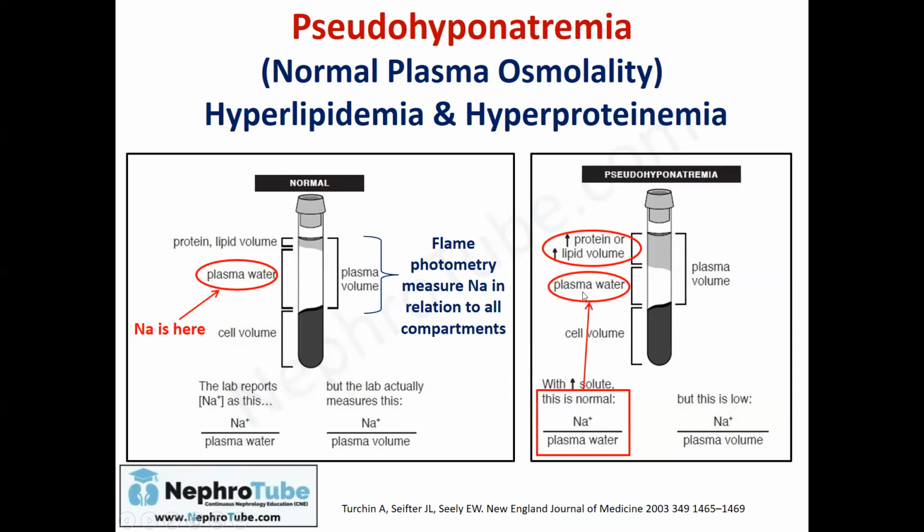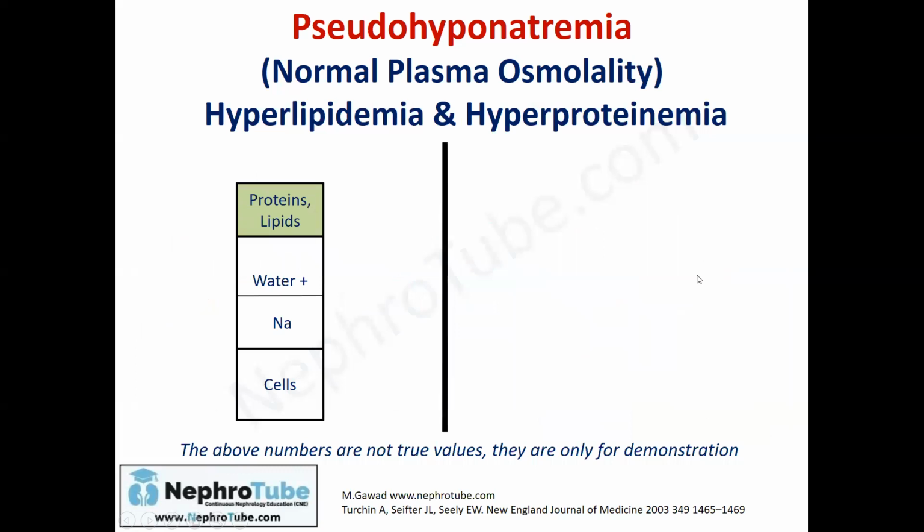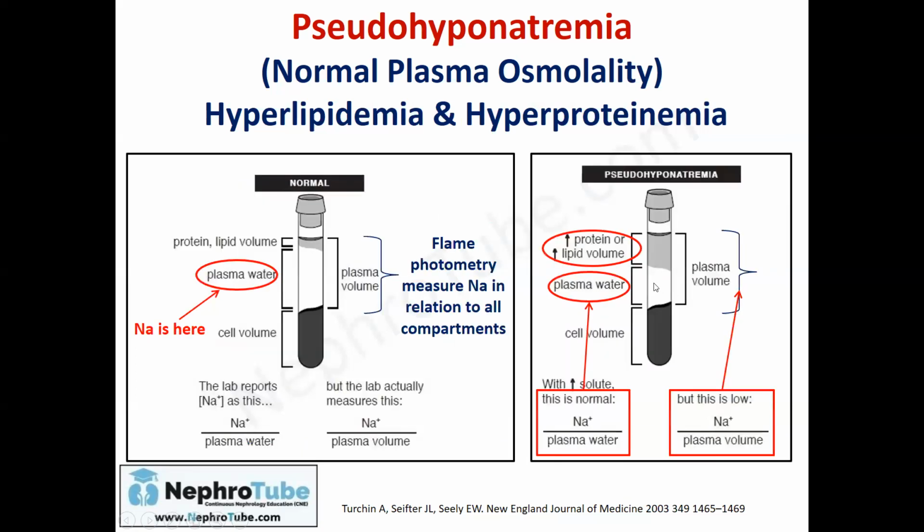Sodium is here in the plasma water. So when flame photometry measures the sodium level relative to the whole plasma volume, this will show a lower sodium level, although its concentration is normal in relation to this volume of water.